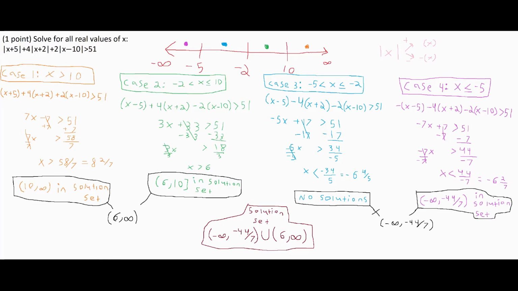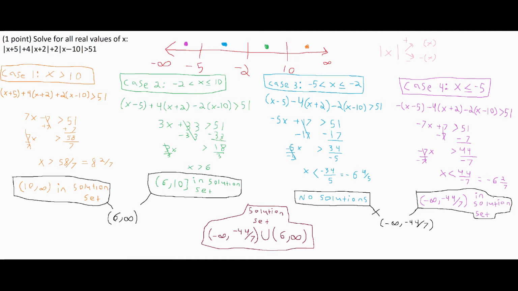Case 4, our last case, is x is less than or equal to negative 5. On this interval, every single absolute value becomes negative. So we get negative 1 times x plus 5 minus 4 times x plus 2 minus 2 times x minus 10 is greater than 51.